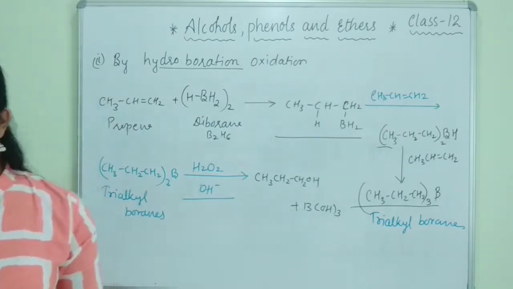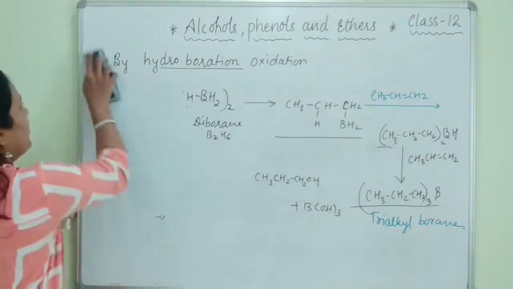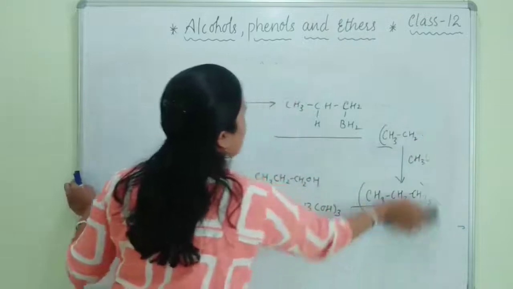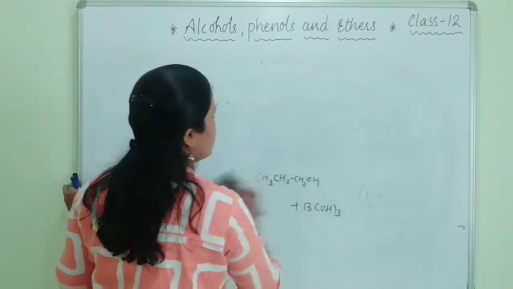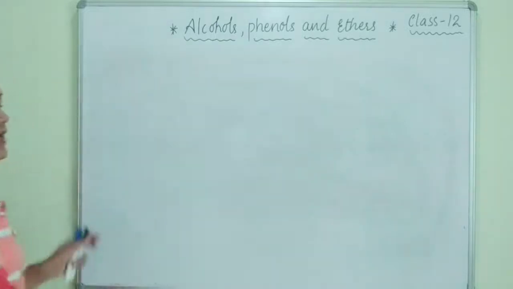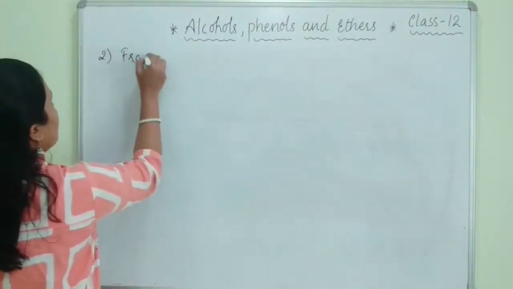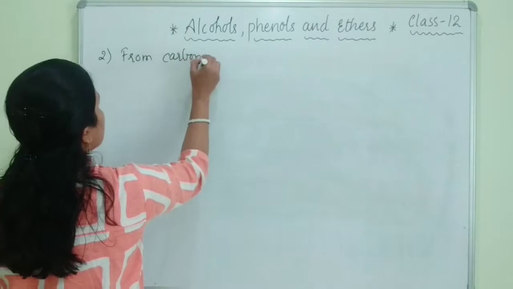Okay, now let's see the second way of formation of alcohol, as in that ray diagram we have studied, and that one is from carbonyl compounds.